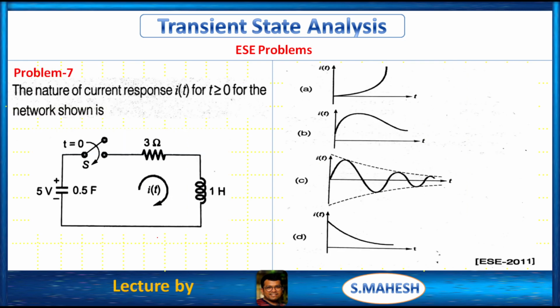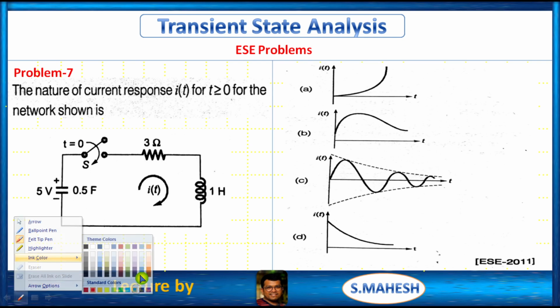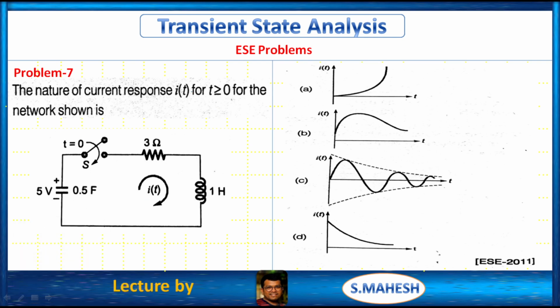Next one. The nature of the current response i of t for t greater than or equal to 0 for the network shown is what? Okay, let us say, see, 5 volts, R, L, and across the capacitor only we have 5 volts. This is C, right?